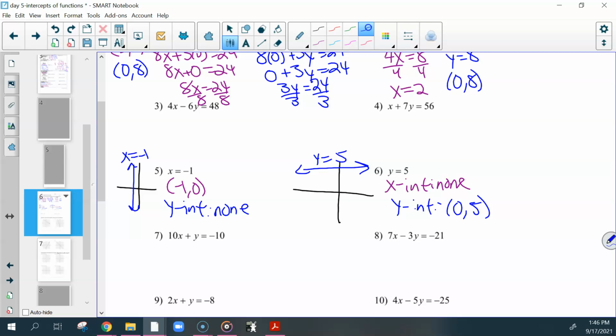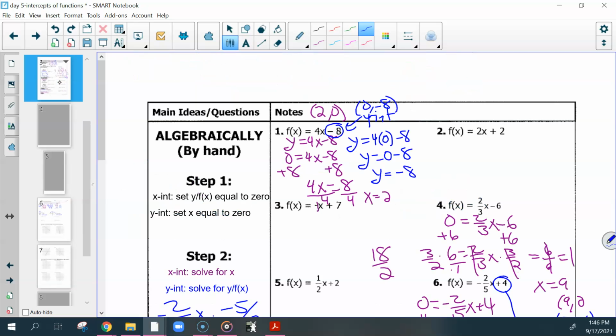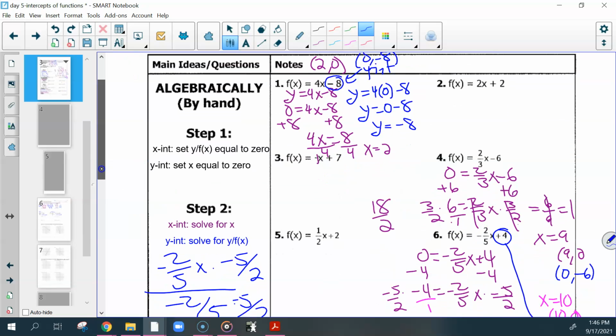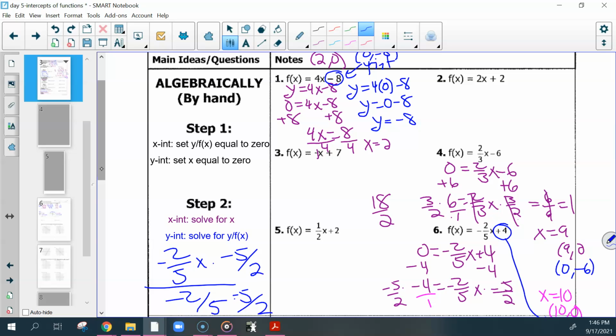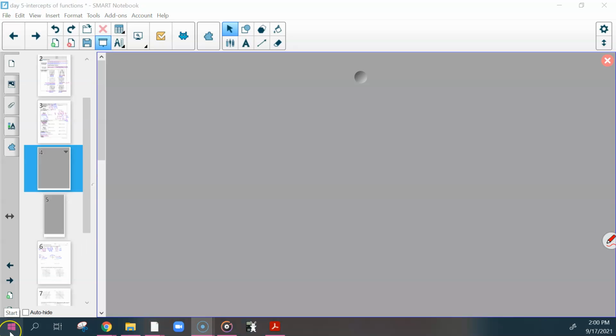I want you guys to go back and do 3, 4, 7 through 10, and then the other 3 on this page that we did not get to. At 2, I'll show you the answers, so you don't have much time to work on those, but you do have the rest of that. When we go over them, I'll go over them quickly and then explain any assignments that you have before announcement.